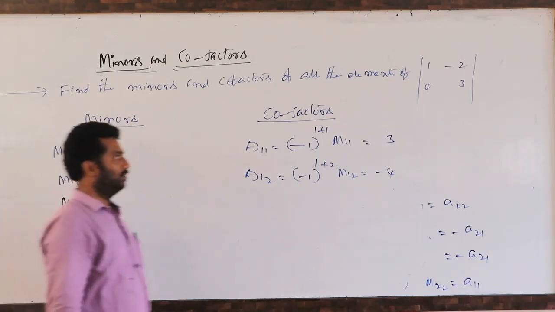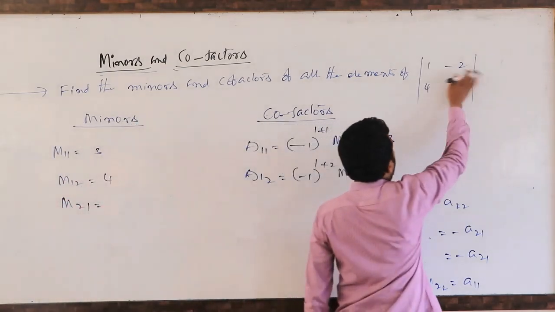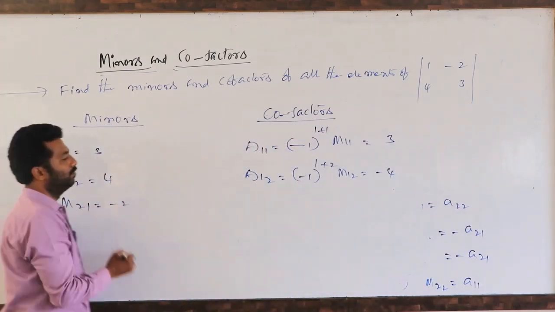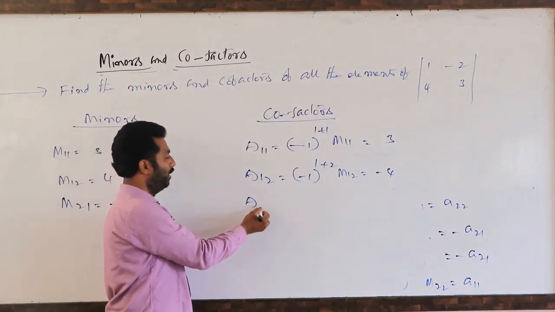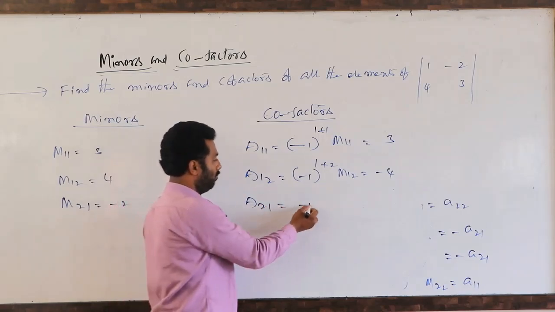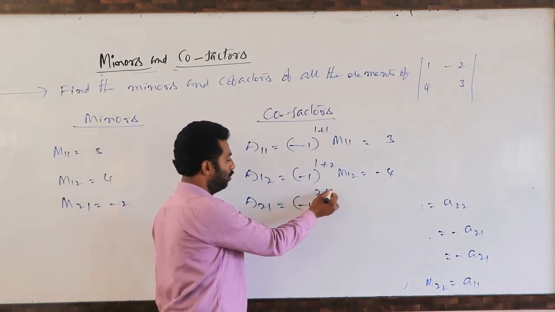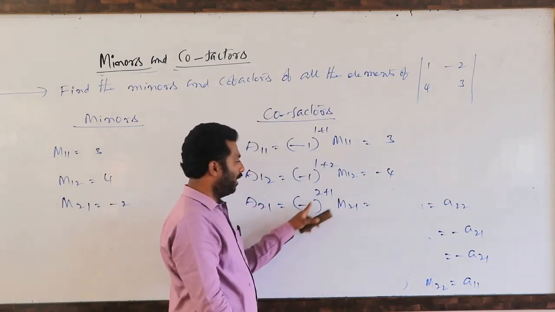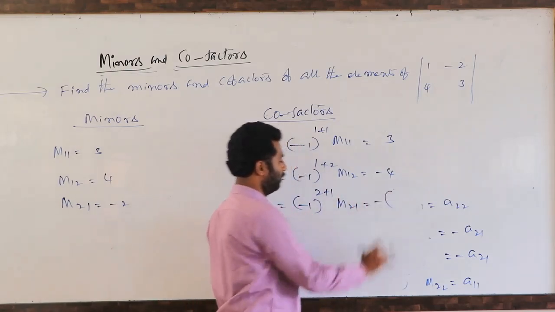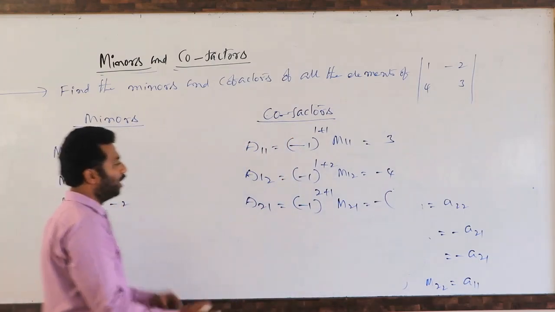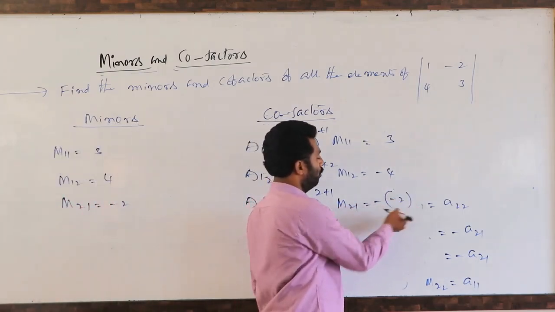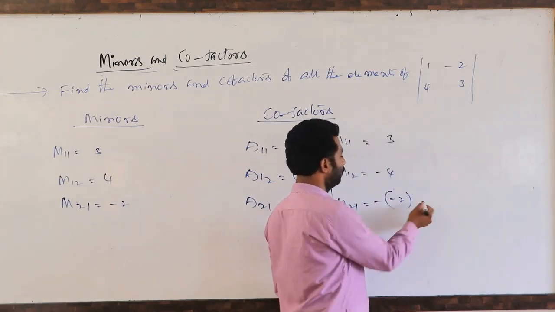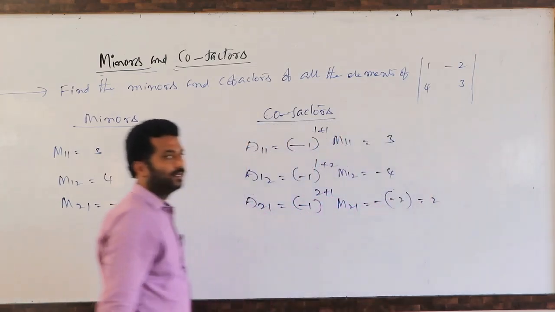Second row, first column: we are left with minus 2. Then A21 is minus 1 whole power 2 plus 1 into M21. Minus 1 whole cube means minus. M21 is minus 2, so this becomes plus 2.